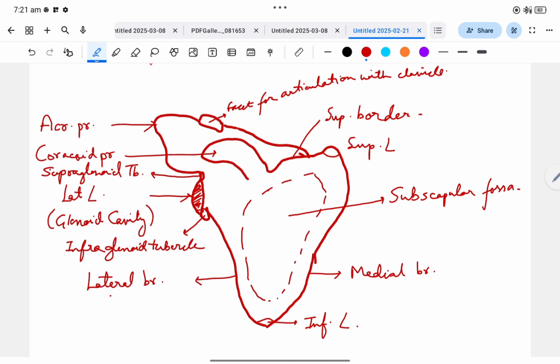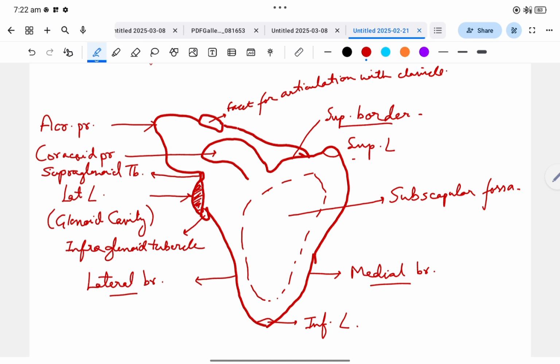So now we will revise the things we see in the anterior aspect. First, the acromion process, and the spinous process we have seen in the posterior view. Then the second process is the coracoid process. Now three borders: lateral border, medial border, superior border.